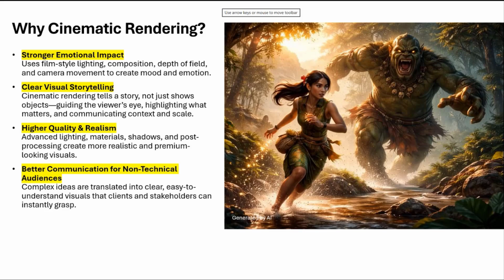When you do cinematic work, you need to approach the camera to tell a story. If you don't have a story, sometimes it is confusing. So we should put a story inside our cinematic rendering. That's why the stronger emotional impact is number one.